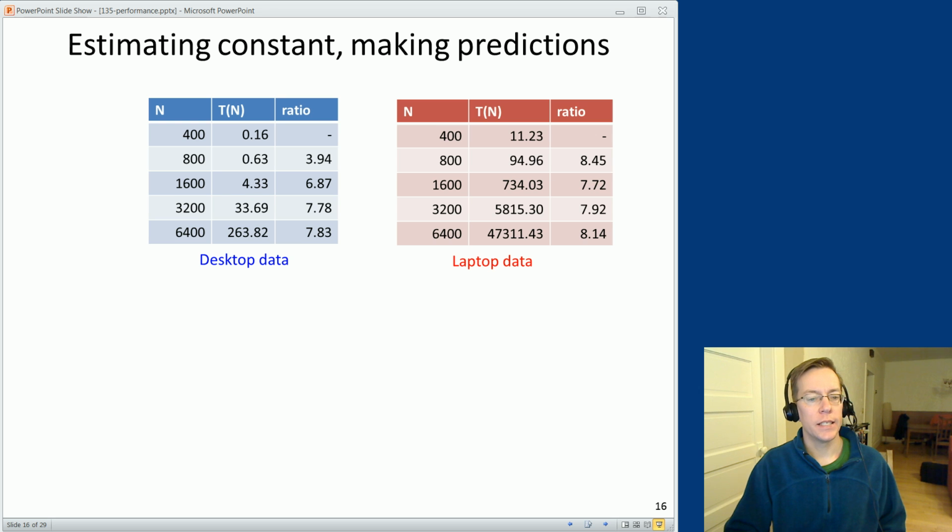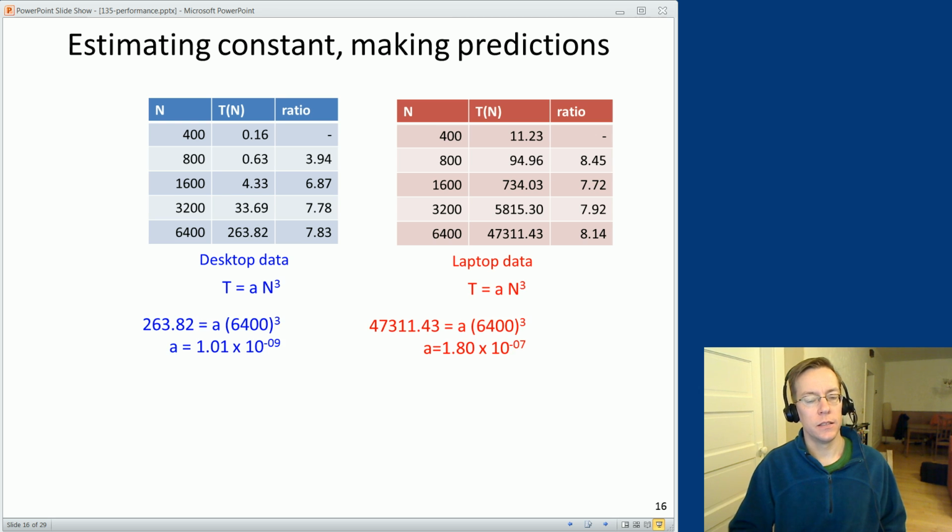Now let's estimate that constant. Here's the data from the ancient laptop as well, and again you're seeing the same thing. In both cases we get somewhat different numbers, but our hypothesis is the same: the algorithm shouldn't necessarily depend on how fast a computer I run it on.